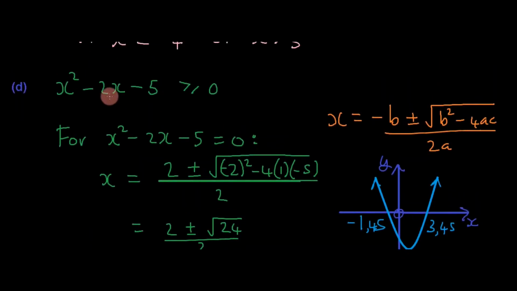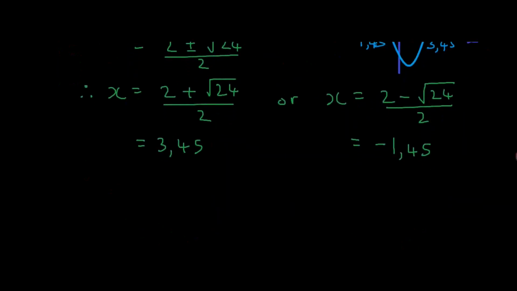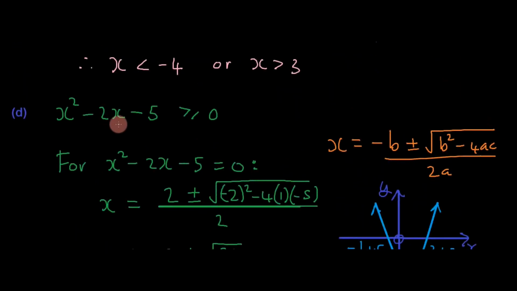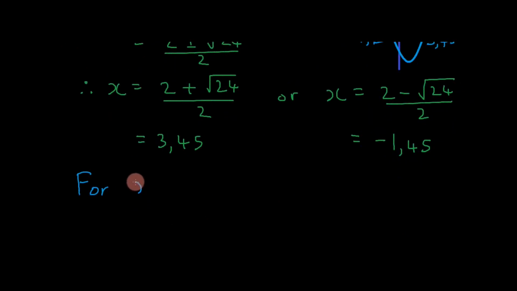Now we can go back to the original inequality. So I'm going to write the original inequality: x squared minus 2x minus 5 greater than or equal to 0. So x squared minus 2x minus 5 greater than or equal to 0.